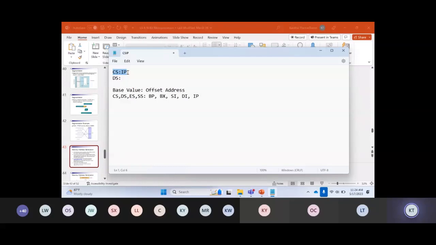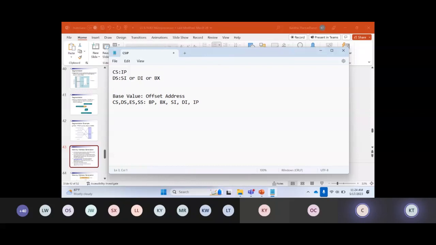DS will pair with SI, or DI, or BX, correct.